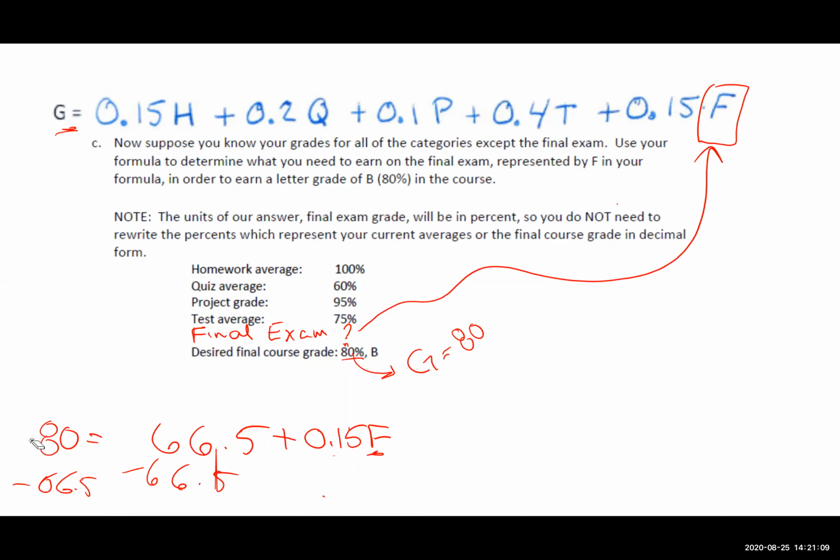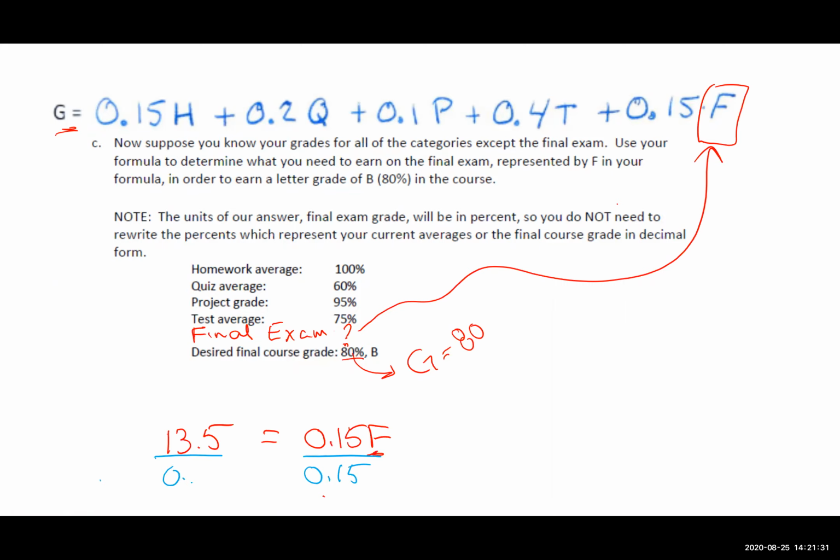And after I do that, I get 13.5. And I want to get F by itself, so I divide both sides by 0.15. And now what I end up with is that F is equal to 90.